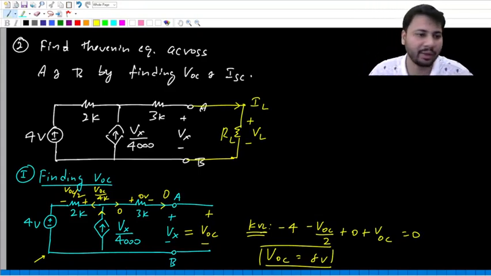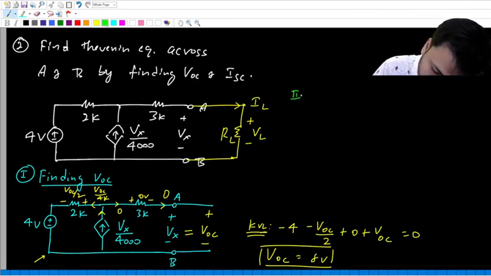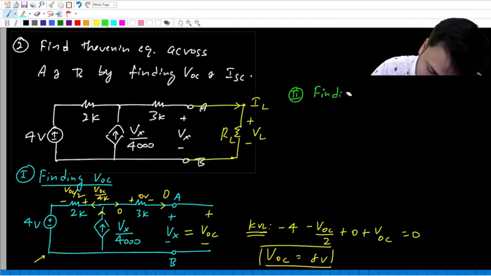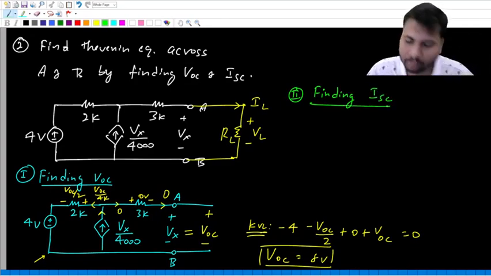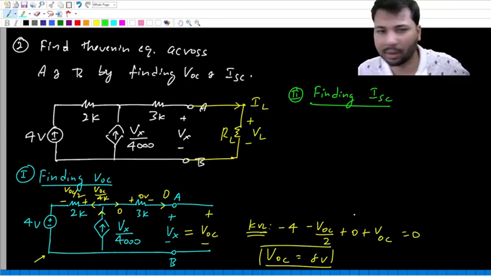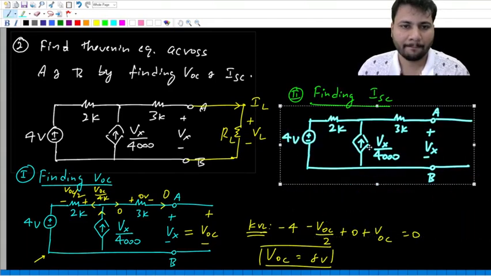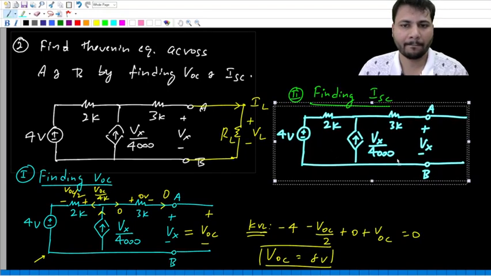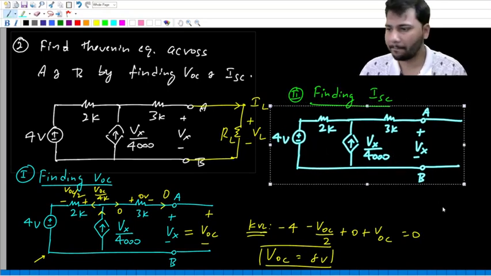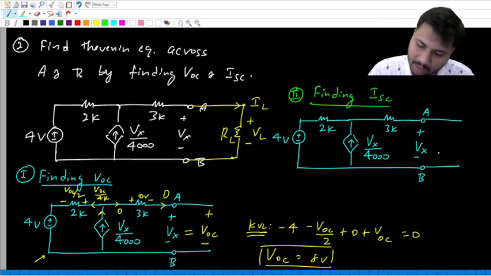In the same way, let us find ISC. ISC means the short circuit current through the load.